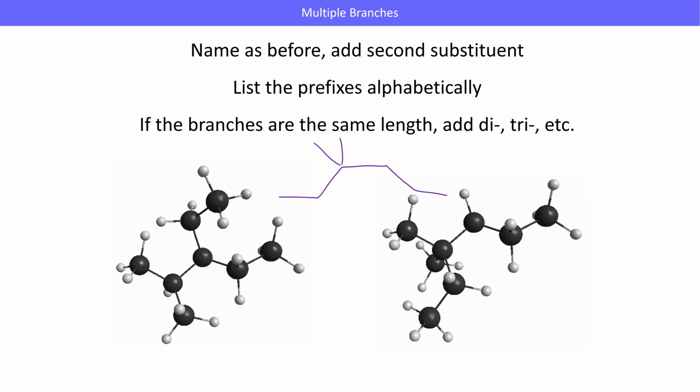So the parent molecule then is gonna be hexane. It's got 2 branches. They're both the same size. So it's gonna be dimethyl. And then we have to specify where the methyls are.